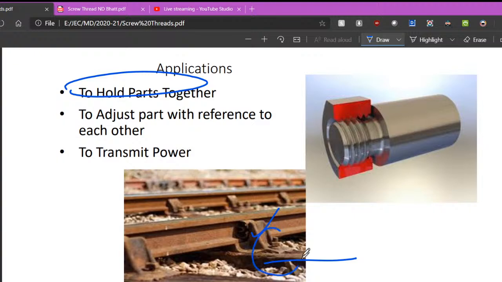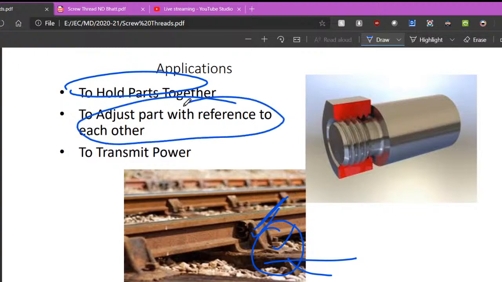We have fixed it with the help of this nut and bolt. In the same way we are holding part 1, a wooden part, and a steel part, a steel frame, together.